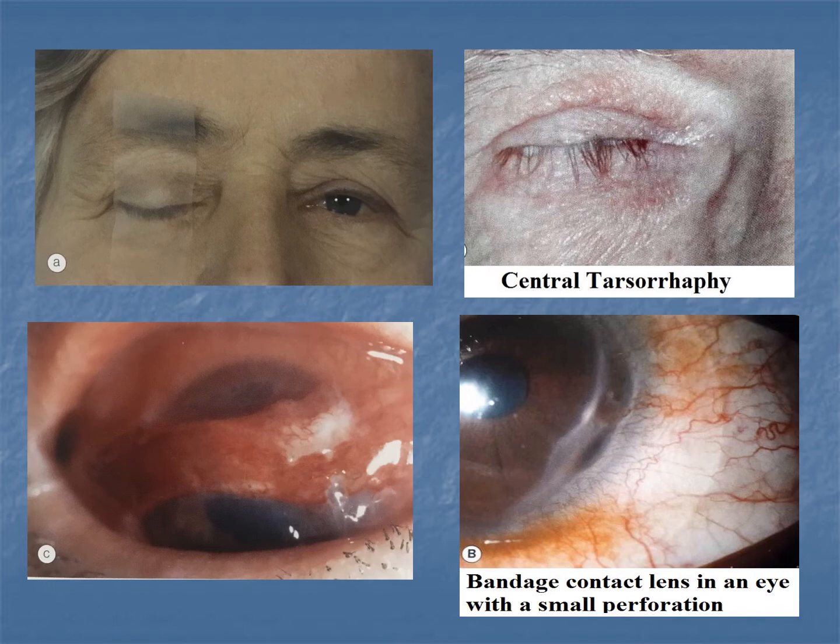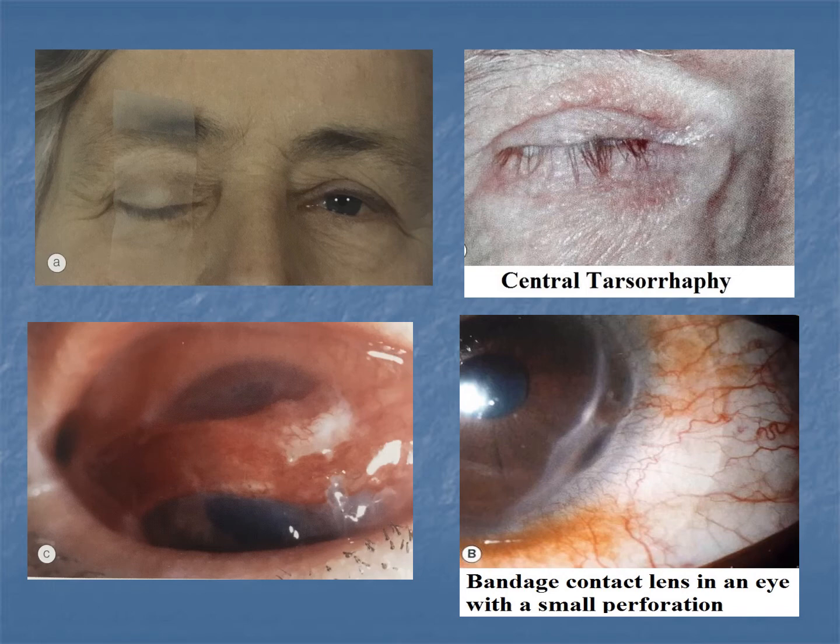In this picture, you can appreciate in picture A, a temporary taping of the lids is done, and in the second picture, we have done the central tarsorrhaphy. In this case, the constant rubbing of the lids, which causes the derangement of the epithelium and does not allow the epithelium to heal, we stop that.